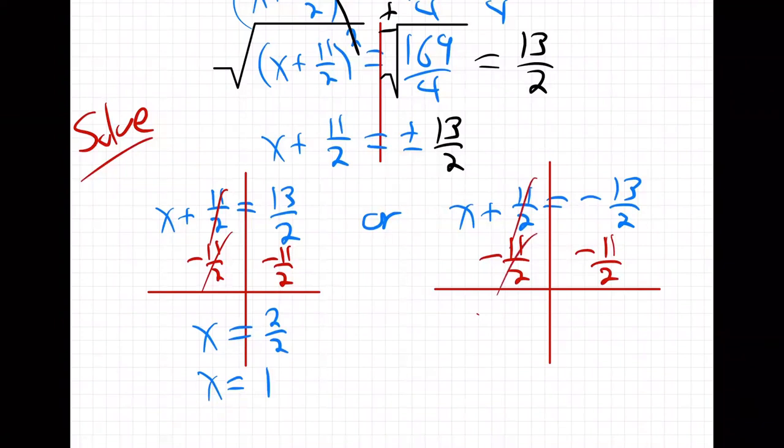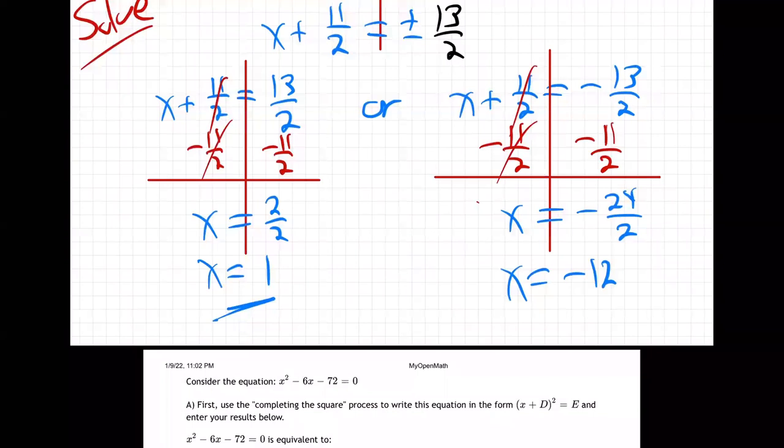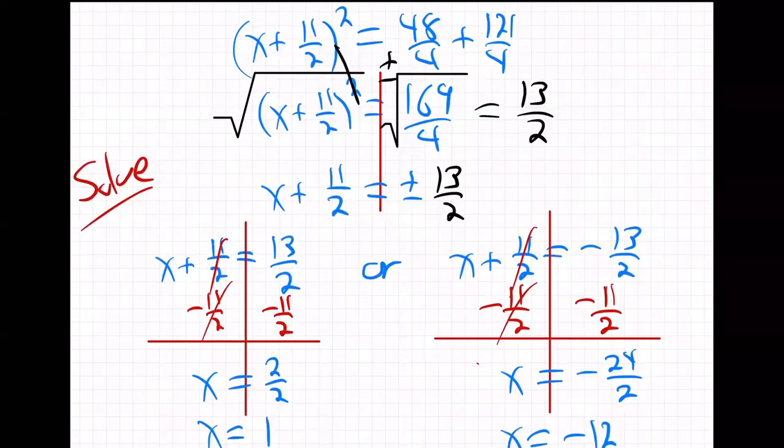And boom. x equals, that'll be what? Minus 24 halves, right? Because that minus 13 and minus 11, they add up. Like, if you lose 13 pounds and lose 11 pounds, you lost 24 pounds. Divided by 2 is 12. And there's our 2 answers, 1 and minus 12.